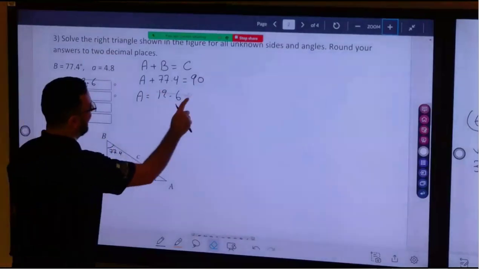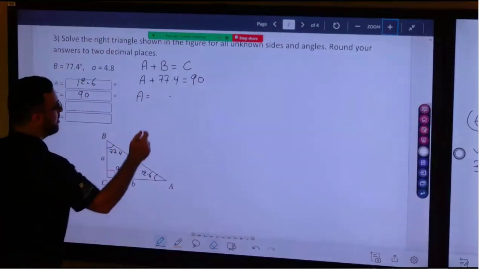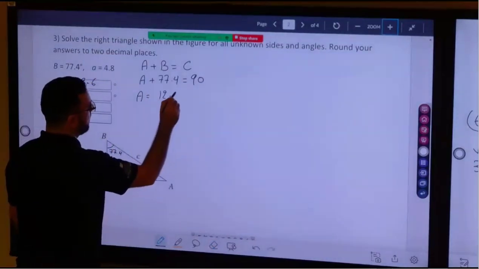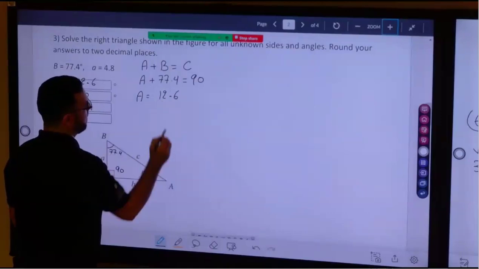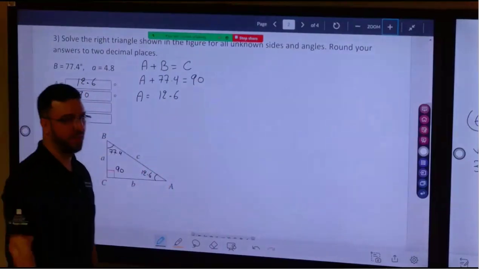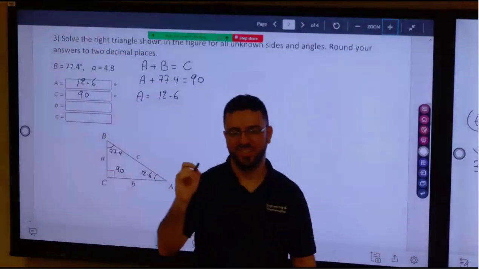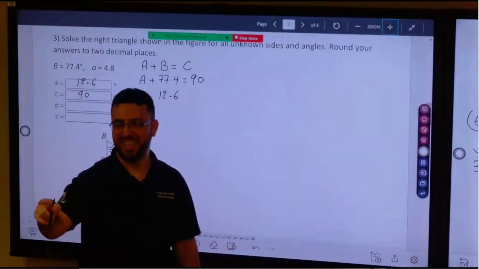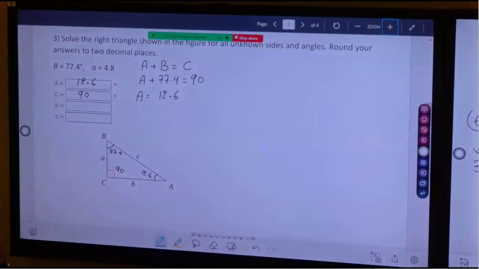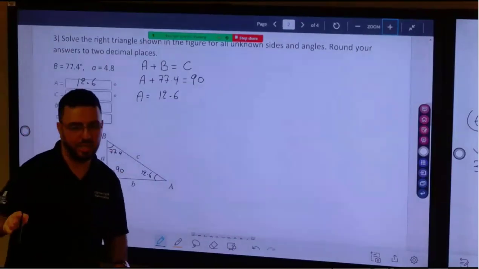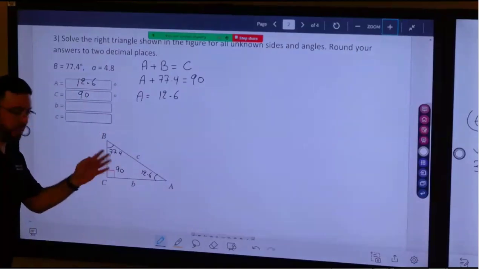Okay, 12.6. Well, I would recommend using angle A because the number is smaller and easier. It's up to you. Use angle A or angle B, they work the same.